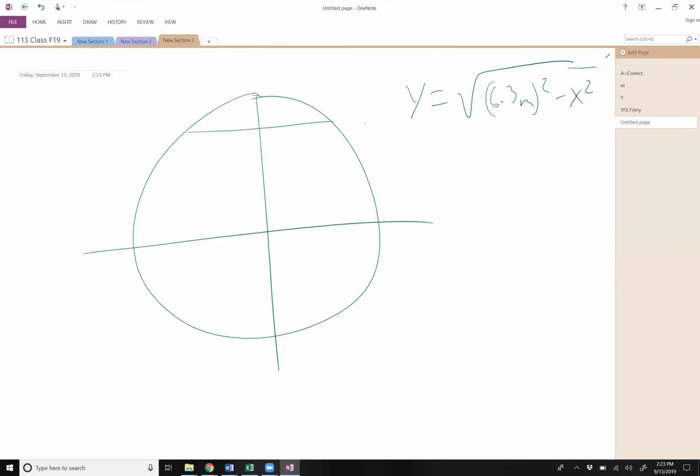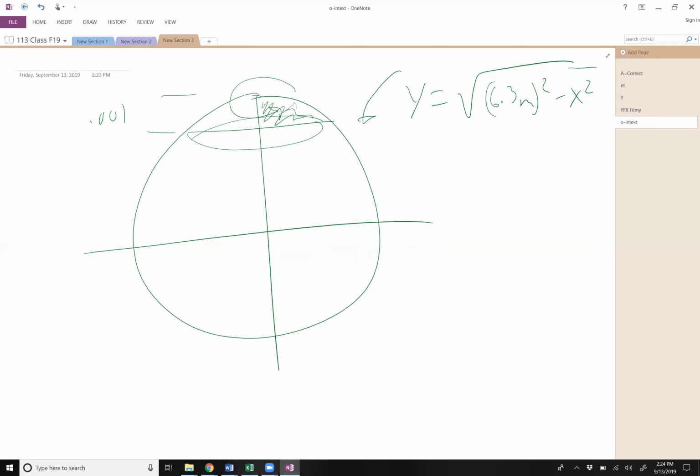This is the curve. This distance from there to there is 0.001 meters. We want to calculate that same volume, that region spinning around, but we want to do it in terms of shells. Okay, does everyone understand the problem?